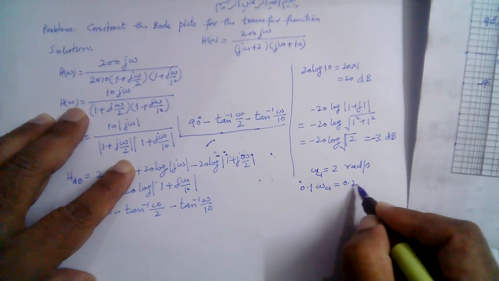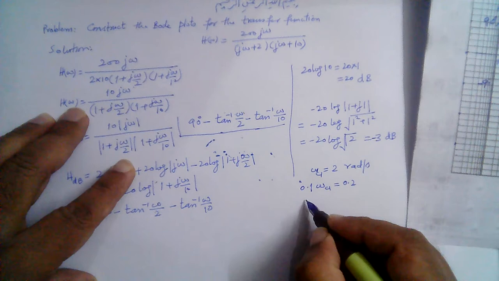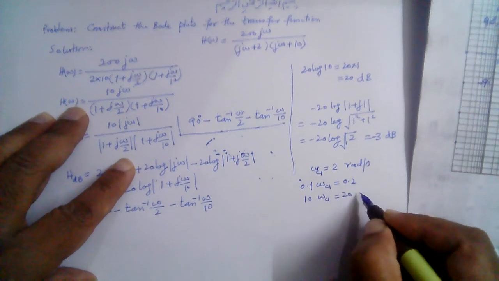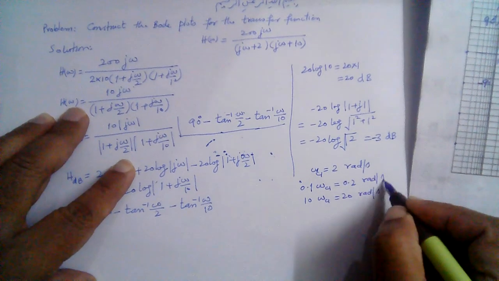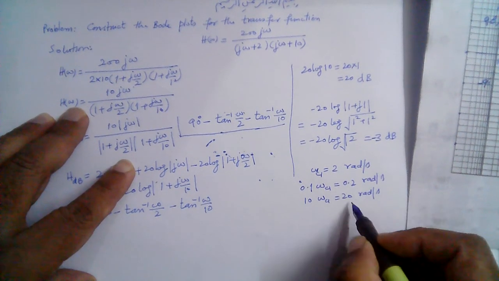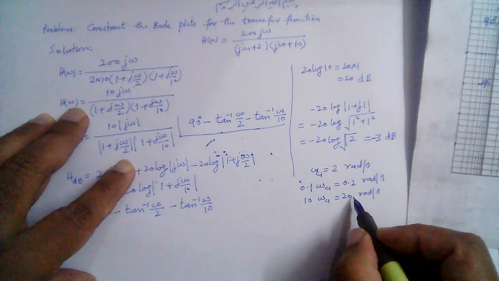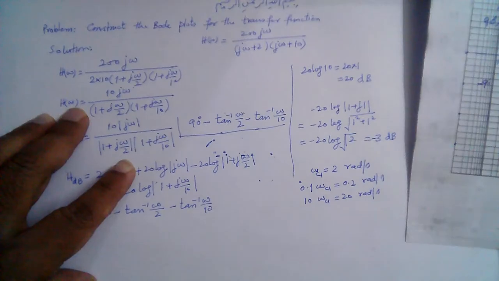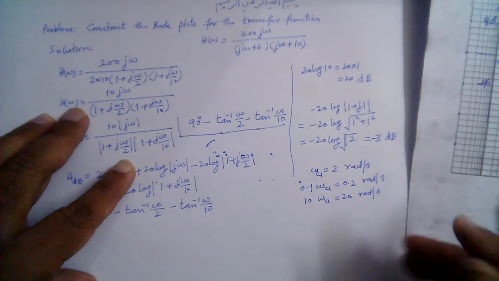And from this onward, it will have a slope of minus 45 degrees per decade till 10 omega C1, that is 20 radians per second. So from 0.2 to 20 radians per second, it will have the slope of minus 45 degrees per decade, and from this onwards, it will be constant at minus 90 degrees.